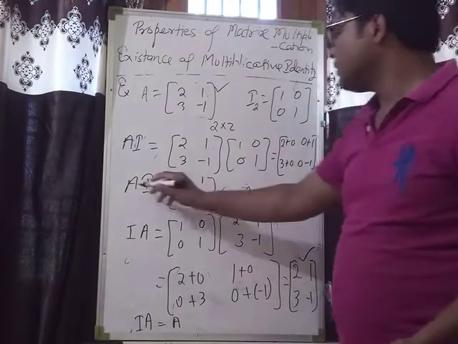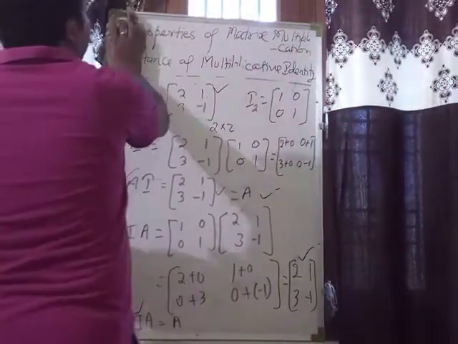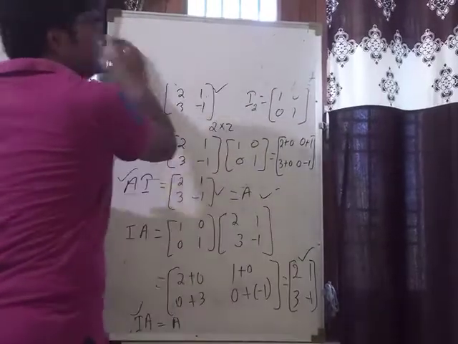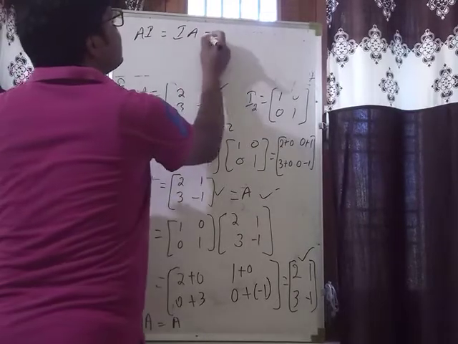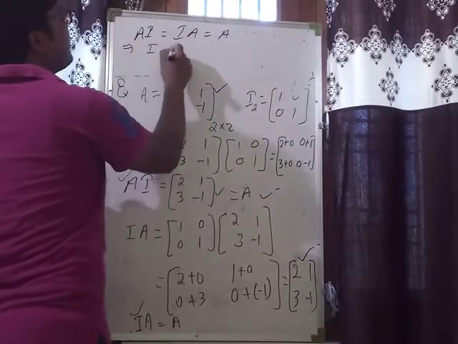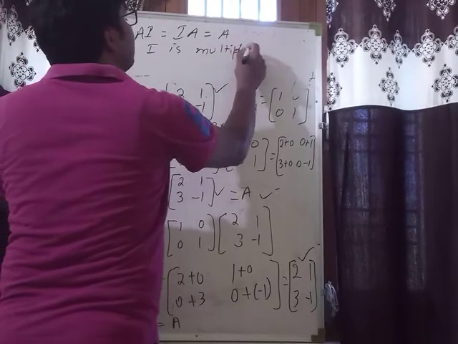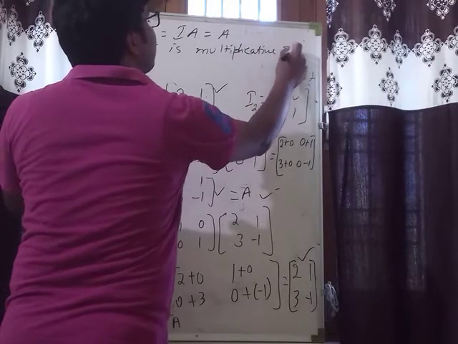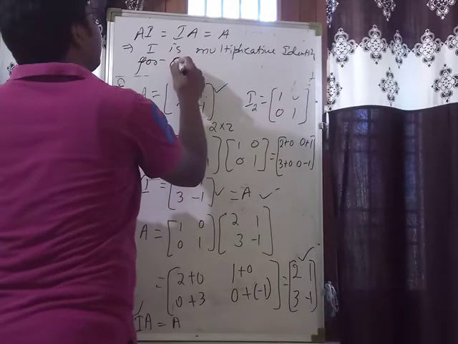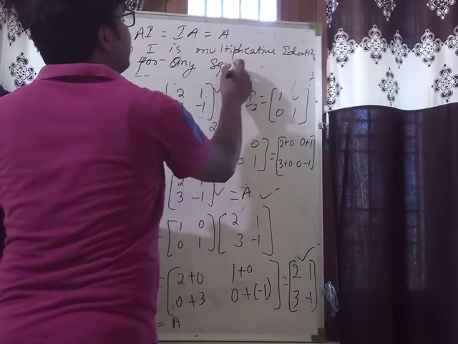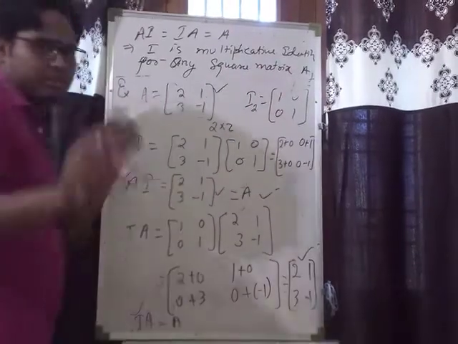Clearly I into A is also A. So from this one and from this one, what do you conclude? It is clear that AI equals IA, which equals A. Clearly I is the multiplicative identity for any square matrix A of the same order.